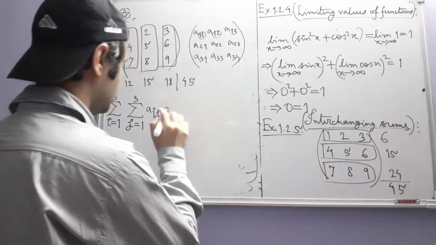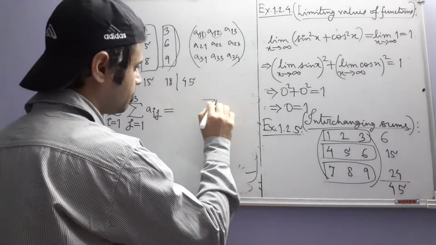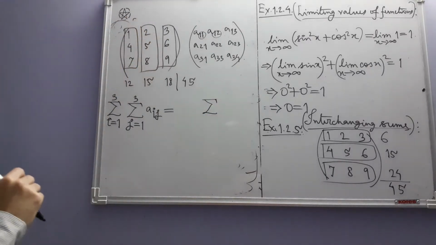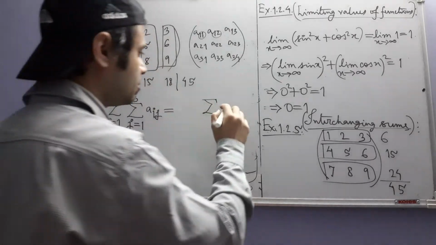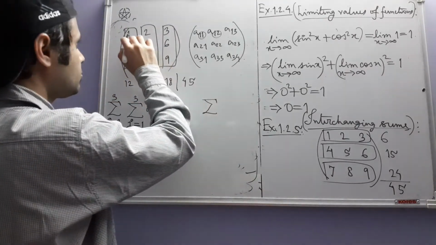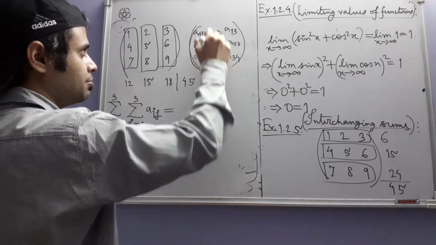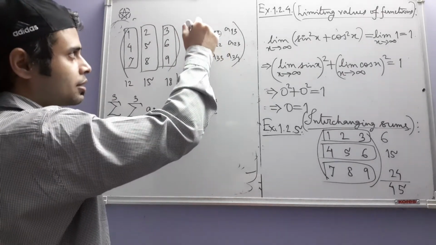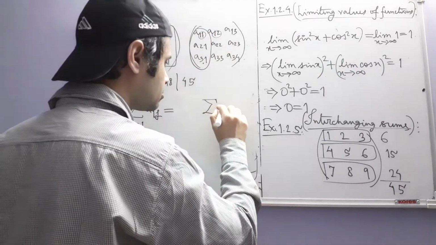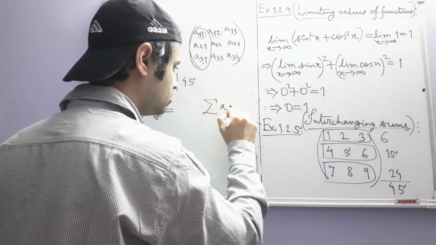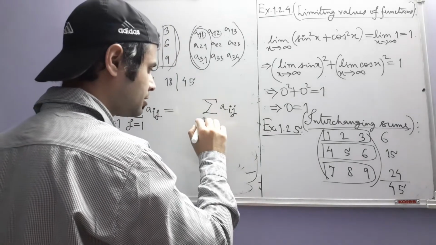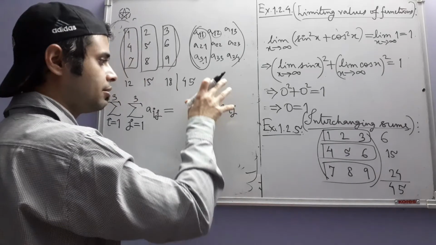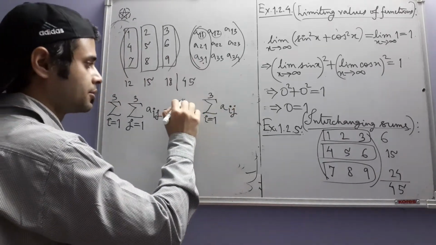This one is equal to, now instead of row, if we are adding along the columns, for the first column, see, along the column, the second number stays the same, the first number changes. So Aij, the first number is changing, I is varying from 1 to 3, and then we are adding these column sums.